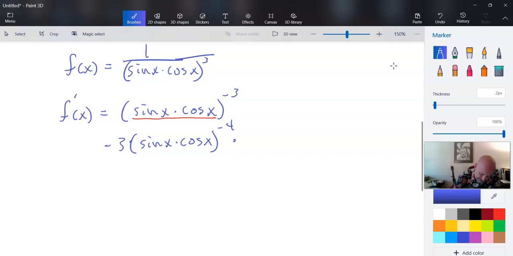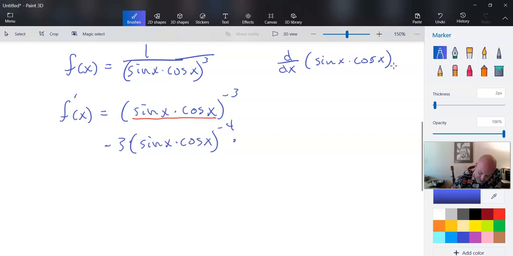Now the derivative of the inside might be a little bit more work because I need to find d dx of sine x times cosine x. That's the inside piece. I'm going to work that out and see what we can get, and then I'll put it all back together. This is a product, so I'm going to use the product rule.